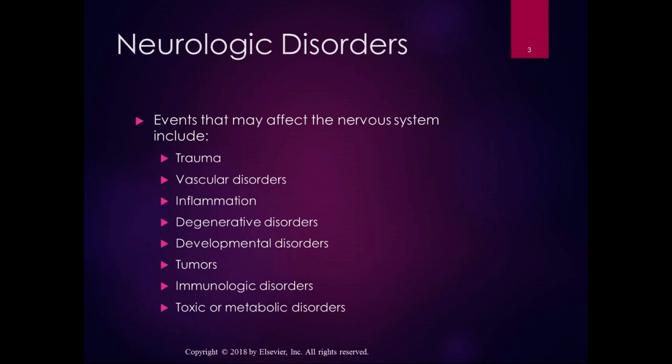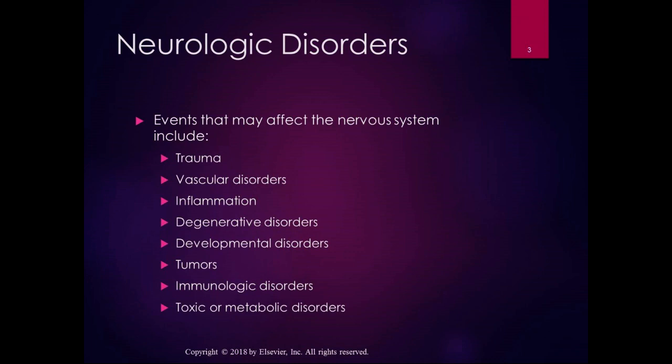Degenerative disorders such as multiple sclerosis, Parkinson's, and Alzheimer's are all neurodegenerative diseases. Developmental disorders happen either at or near birth, affecting the development of the nervous system, or they could be a pre-birth thing. Tumors can block off blood supply, and they can change the hormones that are being sent out. Tumors can do a lot of bad things, and they can cause neurologic disorders.